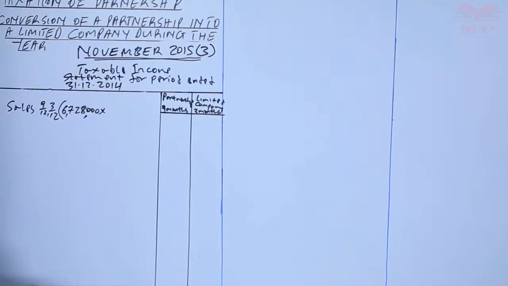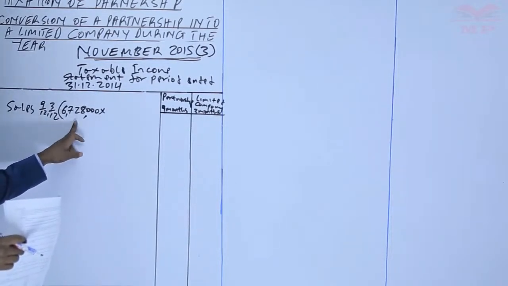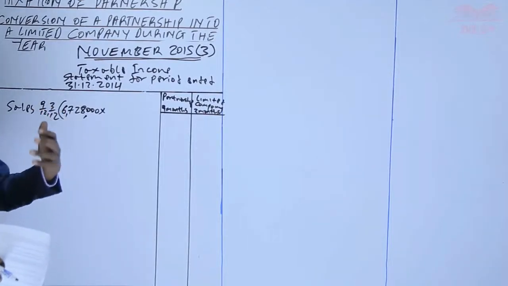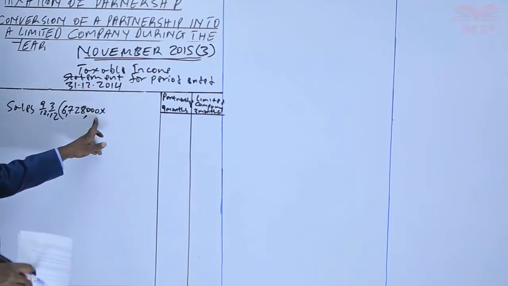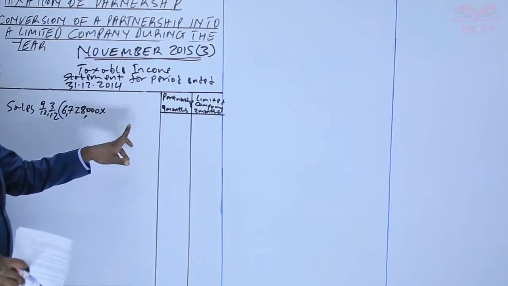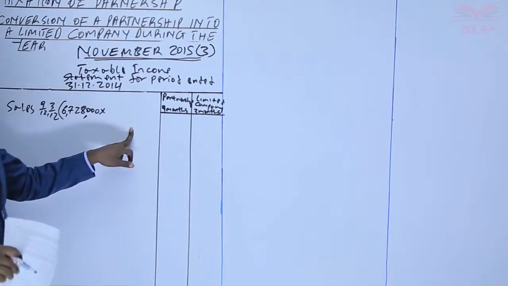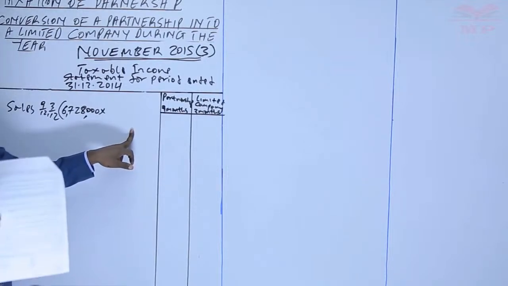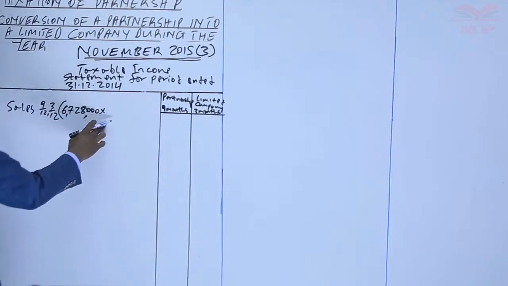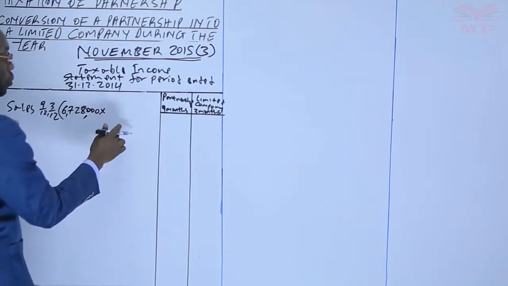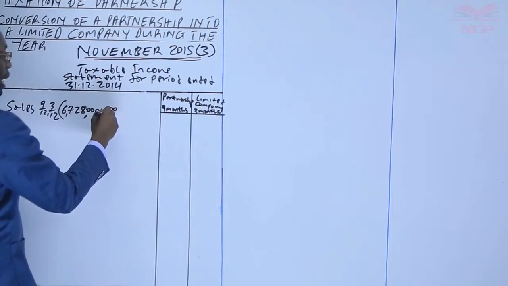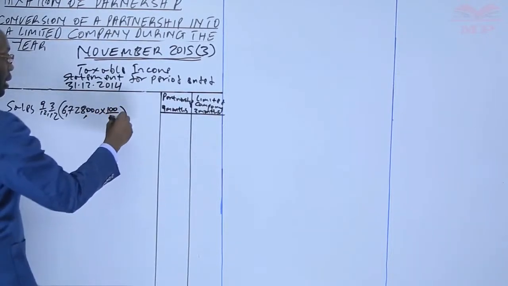Remember, when you're getting the taxable income, VAT should not be factored in anywhere. So if they have the VAT, we need to remove the VAT. So we want to get the sales without VAT. So if this is 116%, we must be willing to get the 100. So take note that we are not interested in the VAT, the 16%. We want the cost without VAT, the 100. So if this is 116, 100 will be what? Cross multiply. It will mean that you multiply by 100 over 116.